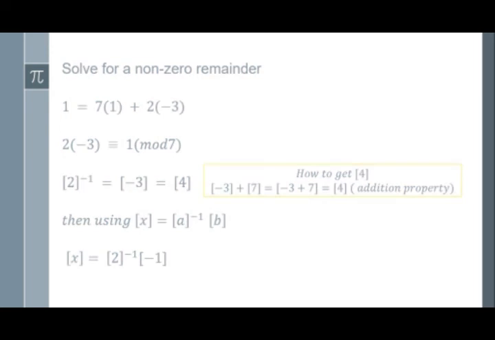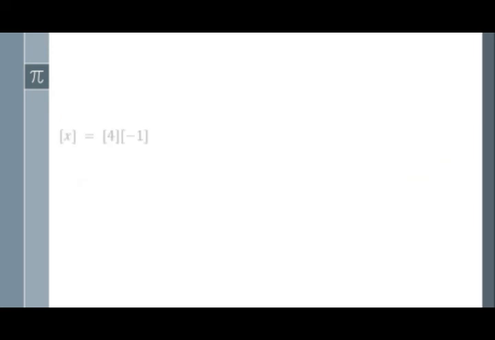And we know that the inverse of the congruence class of 2 is equal to the congruence class of 4. Then we substitute it, and we get the congruence class of x equals the congruence class of 4 times the congruence class of -1.